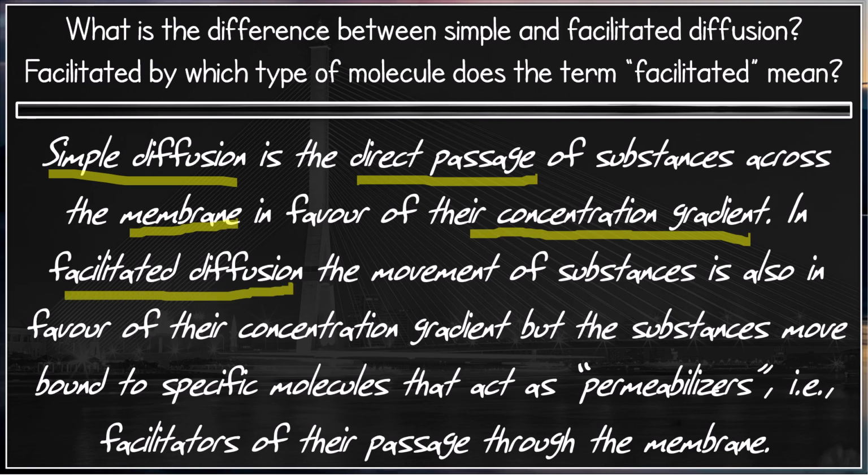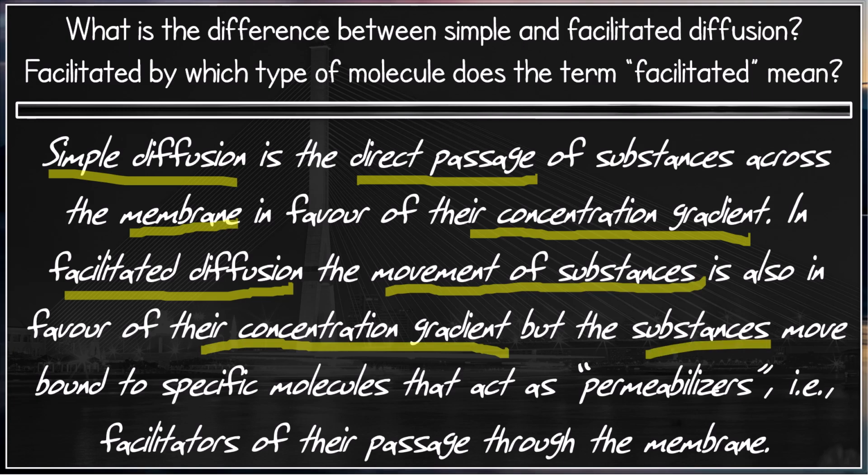In facilitated diffusion, the movement of substances is also in favor of their concentration gradient, but the substances move bound to specific molecules that act as permeabilizers, that is, facilitators of their passage through the membrane.